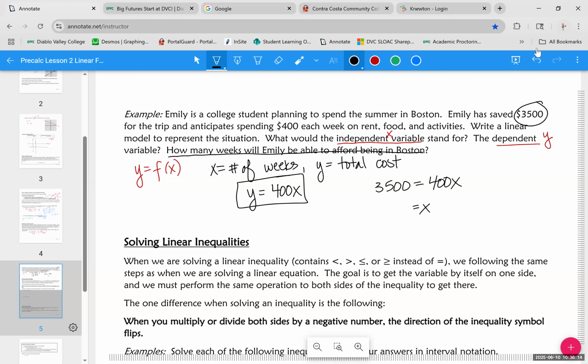We would divide the 3,500 by the 400, and we'd get 8.75. So that's how many weeks she could spend. 8 and 3/4. Probably better to plan for 8, so she just has a little bit of extra buffer, right? In case she goes over that $400.